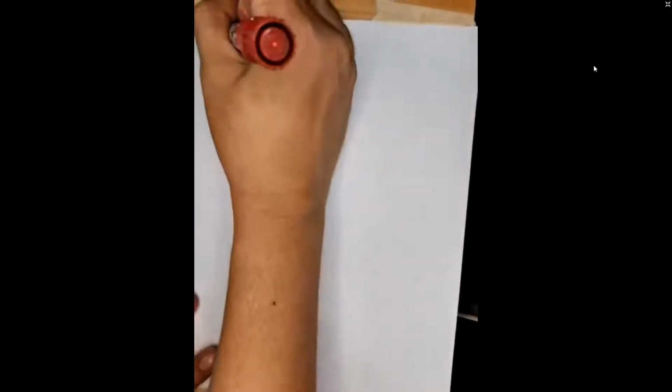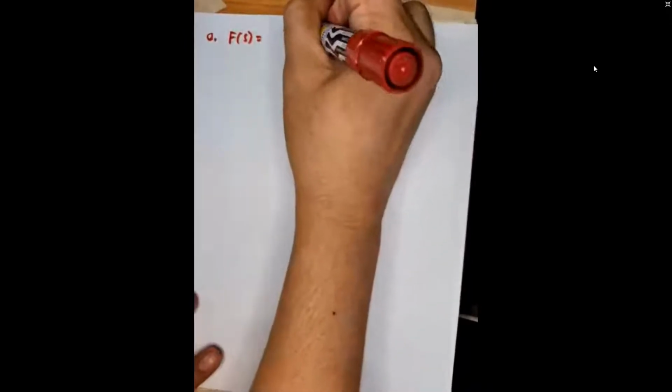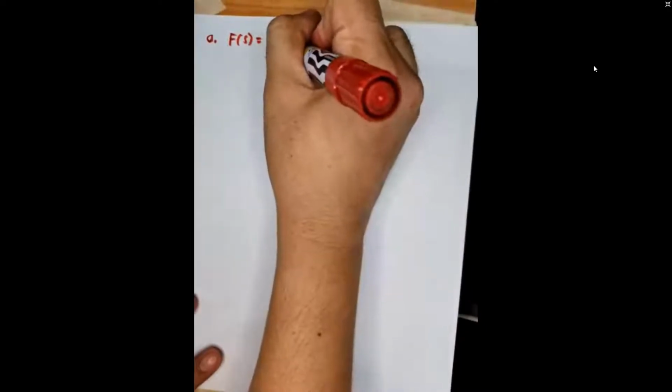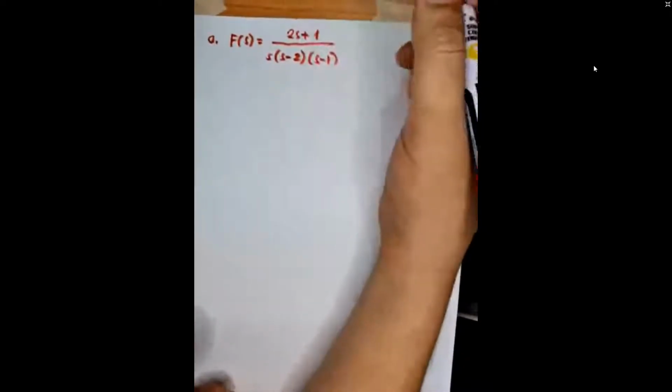Okay. Now let's solve the next one. So let's solve inverse Laplace naman. So we are given f of s is equal to 2s plus 1 over s times s minus 2 times s minus 1.